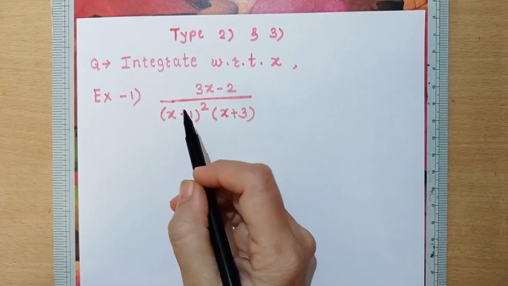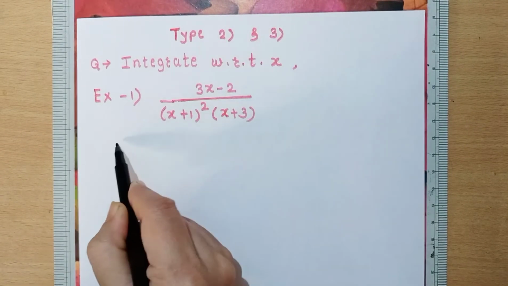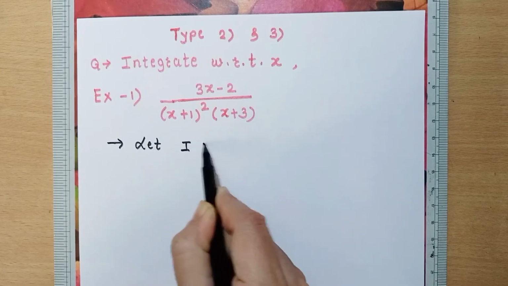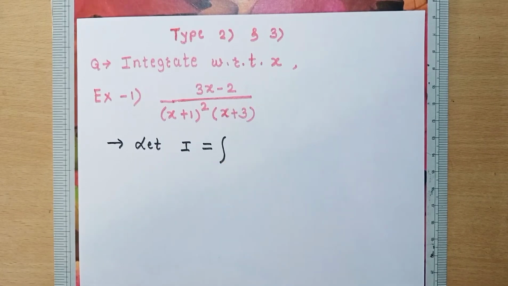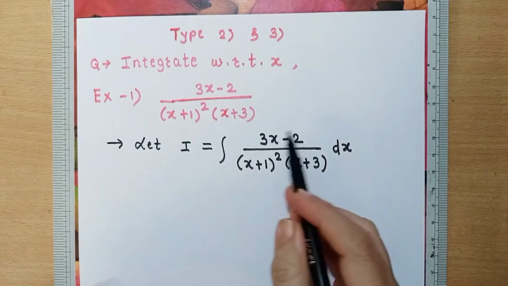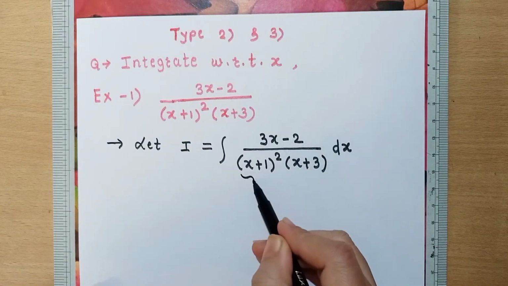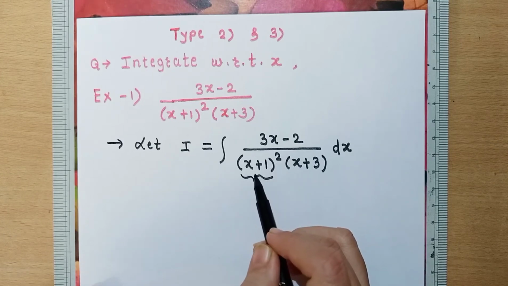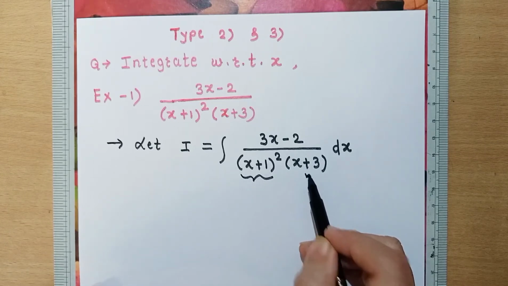This is our first example, and as usual our first step is, let I be equal to the integration of this function. Check the integrand. Here we can observe (x plus 1) whole square means repeated linear factor, and this is a linear factor.